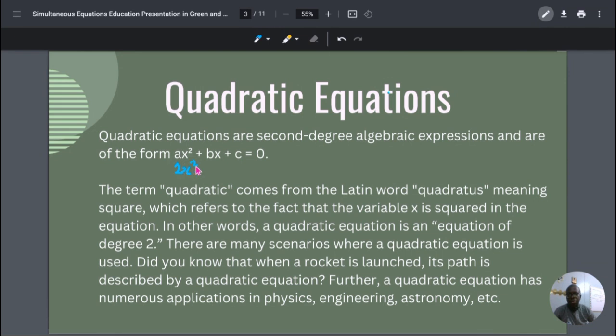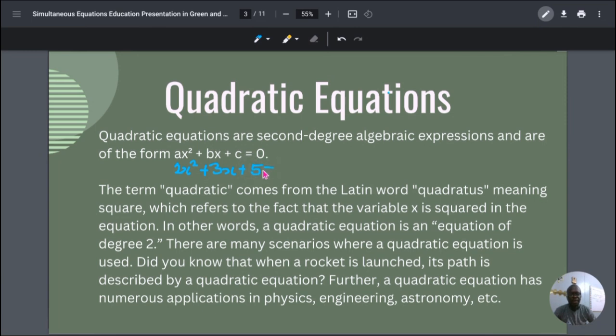Then b would be probably another number, let's assume 3, so we would have 3x. And of course c will be another number again, which we could say 5, equals 0.